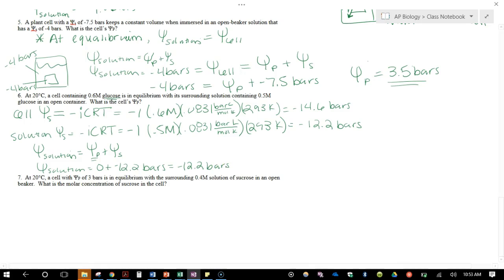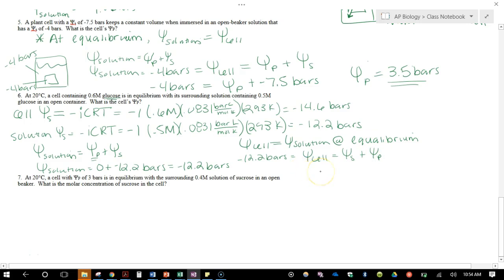Okay, my cell though, let's think about my cell. The water potential of my cell is going to equal the water potential of my solution at equilibrium. So that means negative 12.2 bars equals the water potential of my cell, which is going to equal solute potential plus the pressure potential.